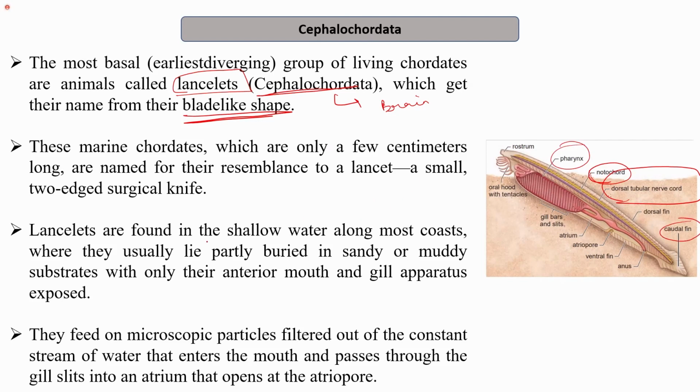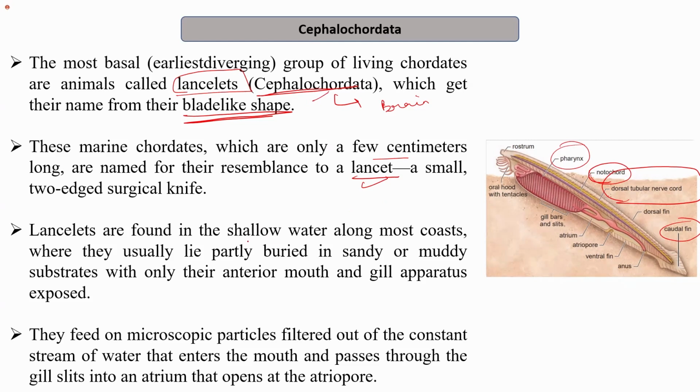Fine. So these marine chordates, which are only a few centimeters long, are named for their resemblance to a lancet, which is a small two-edged surgical knife. So if you see, it resembles that, and therefore they are named lancelets. They belong to the subphylum Cephalochordata and phylum Chordata.